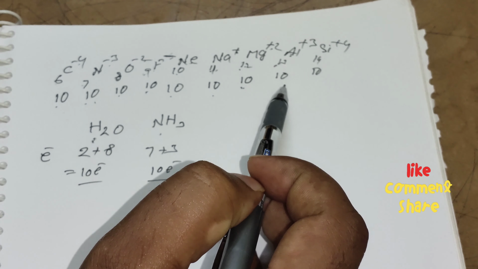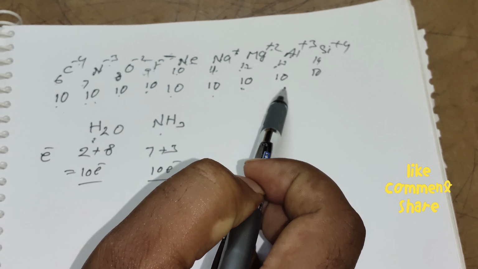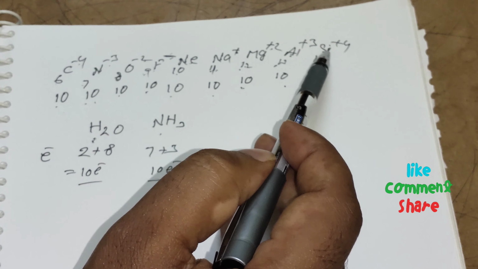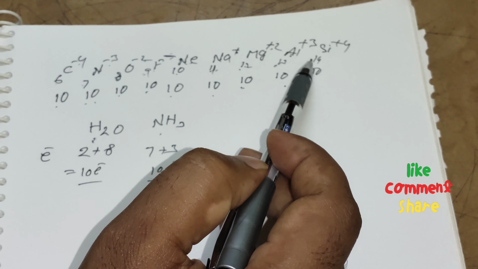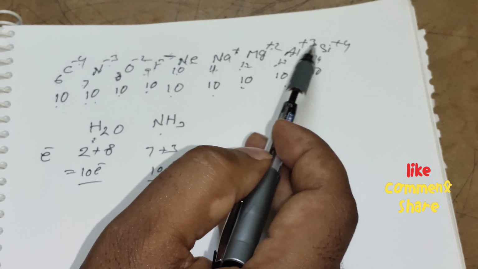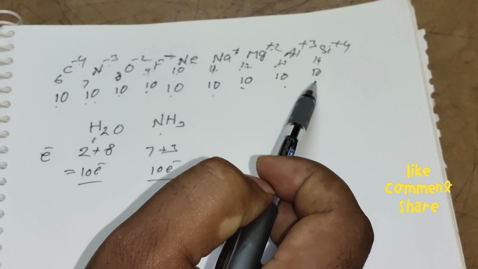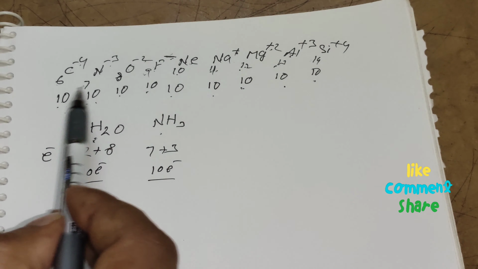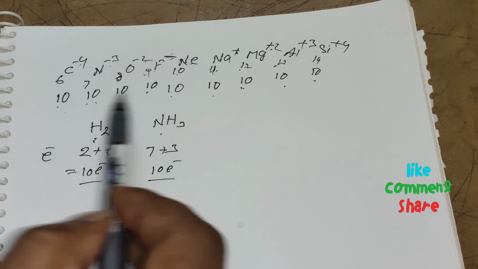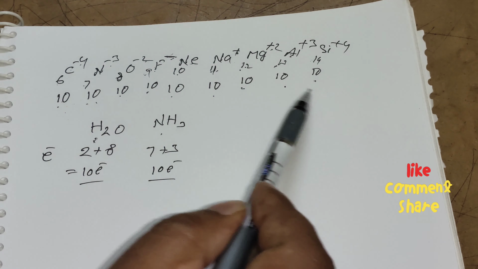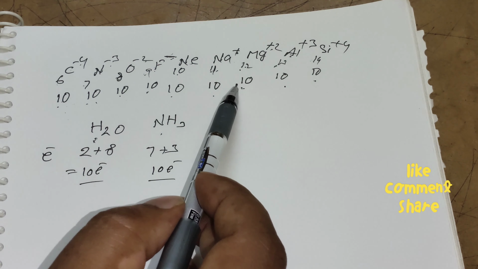That's why the number of electrons in magnesium plus 2 is 10. Whereas the aluminum atomic number is 13, so the number of electrons is 13, but here the aluminum loses 3 electrons. That's why the number of electrons in aluminum plus 3 is 10. Whereas the silicon atomic number is 14, but the silicon loses 4 electrons. That's why the total number of electrons in silicon plus 4 is 10. So different ions have the same number of electrons. Those are called isoelectronic species.